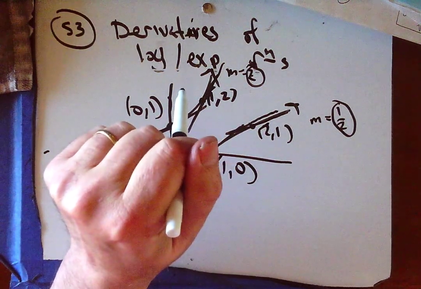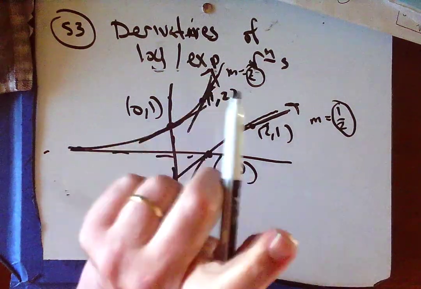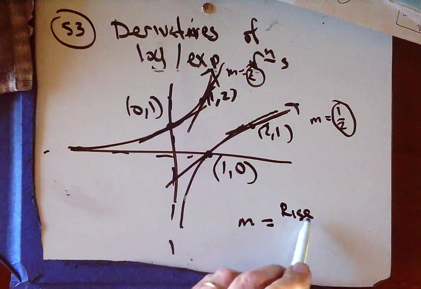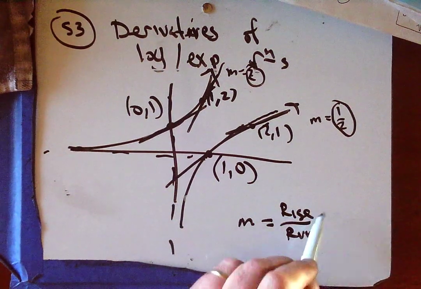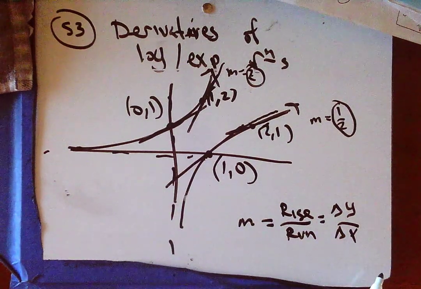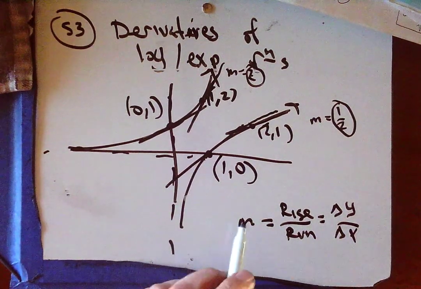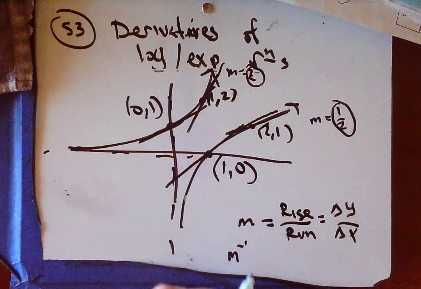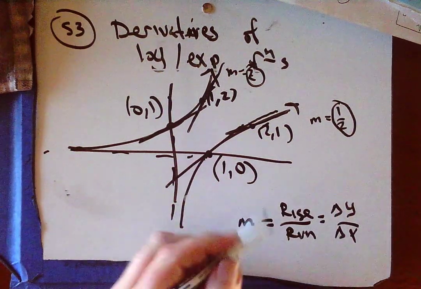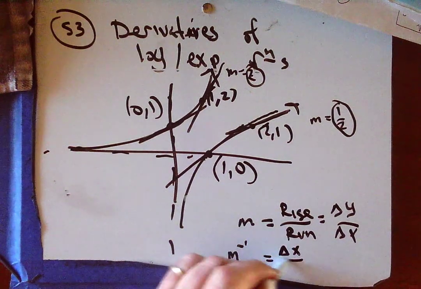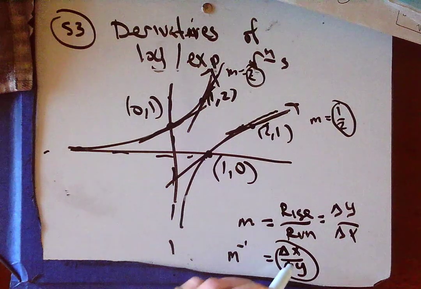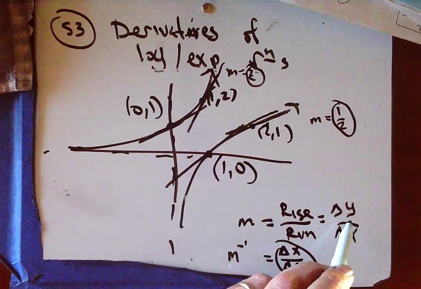I wonder if we can say why. Well, remember how slope was rise over run? And we thought about that as a change in y over a change in x? Yeah? And so remember, when we're talking about inverse functions, we're flipping x's and y's. A change in x over a change in y. See, it's the reciprocal of this one.